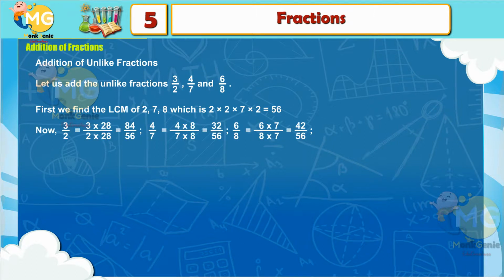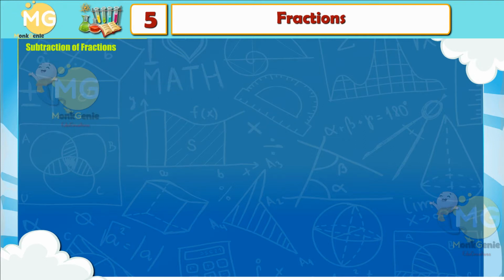Now 3 upon 2 equal to 3 multiplied by 28 upon 2 multiplied by 28 equal to 84 upon 56. 4 upon 7 equal to 4 multiplied by 8 upon 7 multiplied by 8 equal to 32 upon 56. 6 upon 8 equal to 6 multiplied by 7 upon 8 multiplied by 7 equal to 42 upon 56.